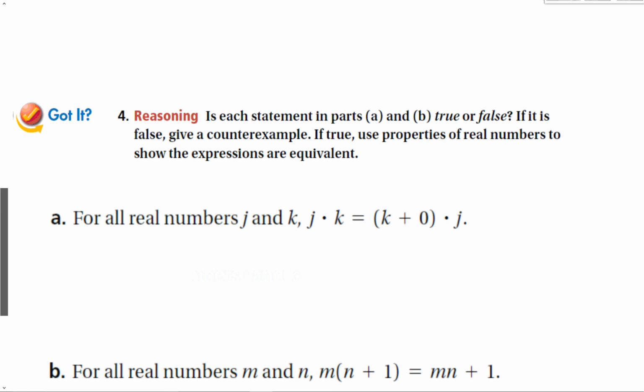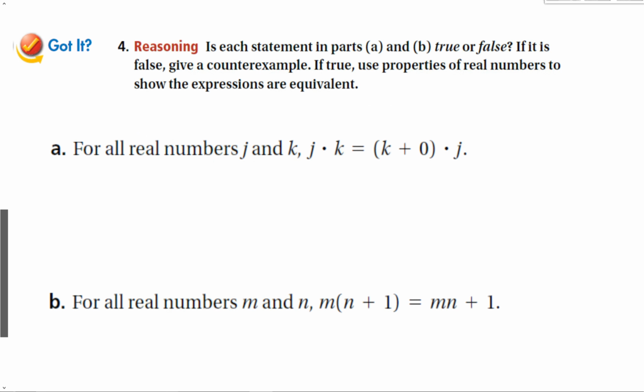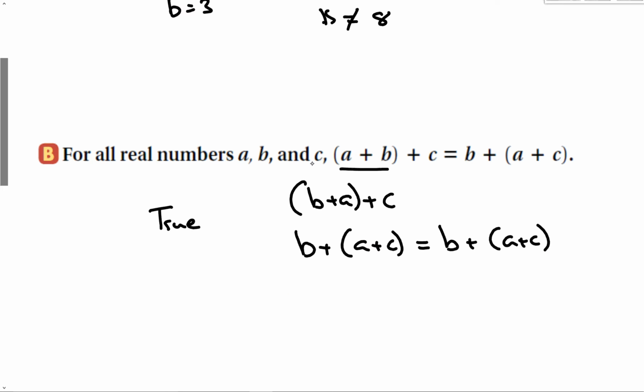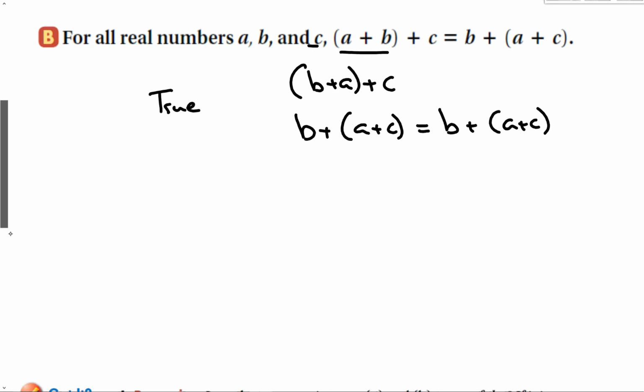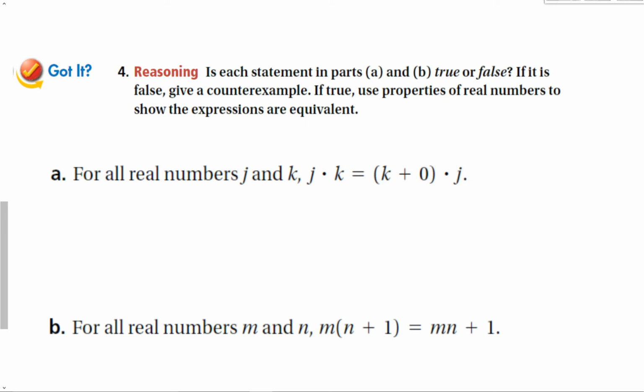Next. For these two, are these true or false? And if they are false, give a counterexample. For all real numbers j and k, j times k is equal to (k plus 0) times j. Well, I can use the commutative property right there to turn that into k times j.